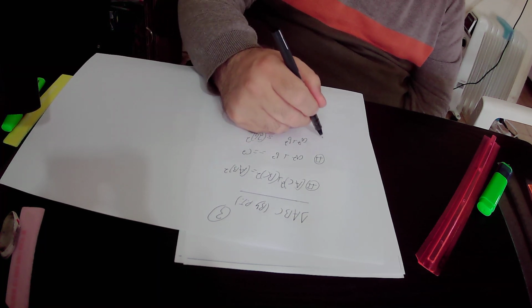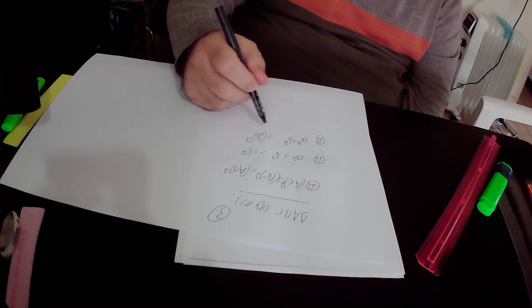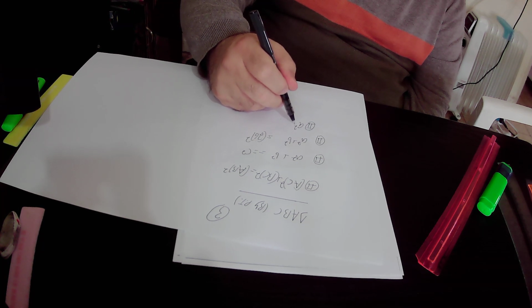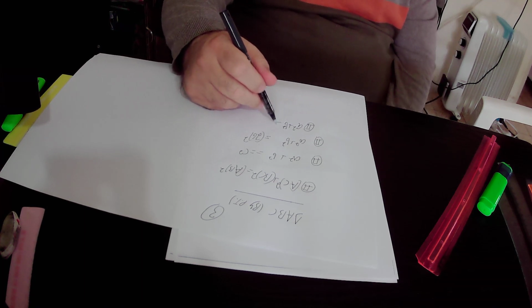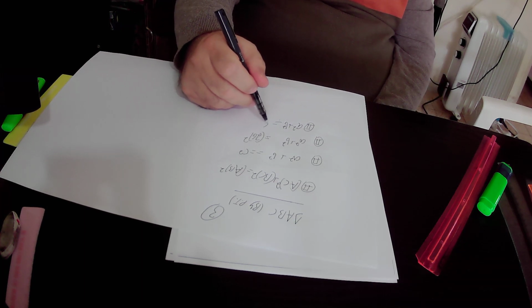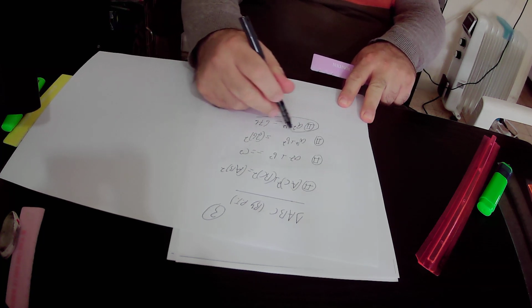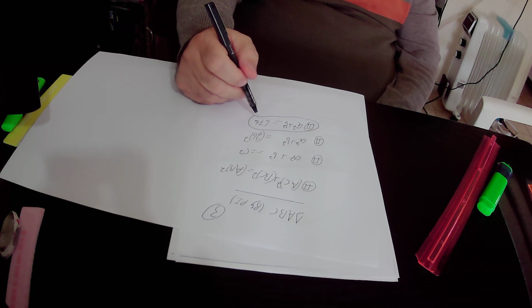So according to equation number 2, A squared plus B squared equals 26 squared. 26 squared is 676. So according to equation number 2, A squared plus B squared equals 676.